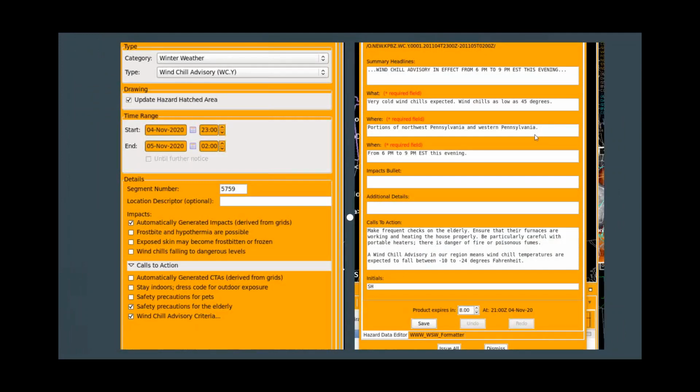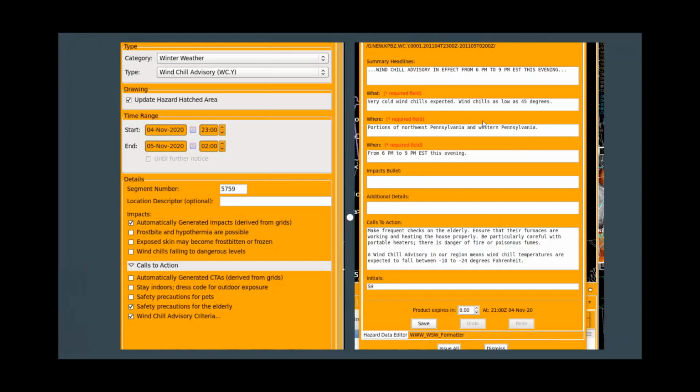But what we want from the media, since we're in the process of creating all these types of hazards and calls to action, is any kind of suggestions. We're always looking for them. I think even Jenna one time chimed in on chat about what do you call this portion of West Virginia?